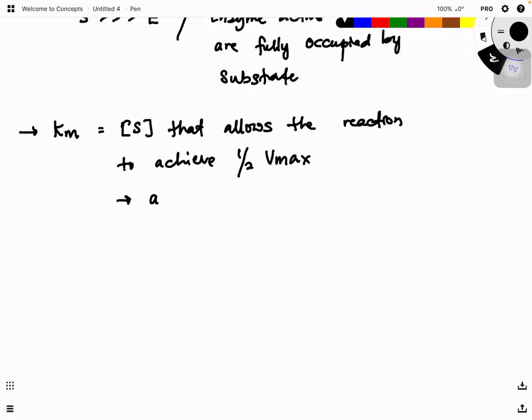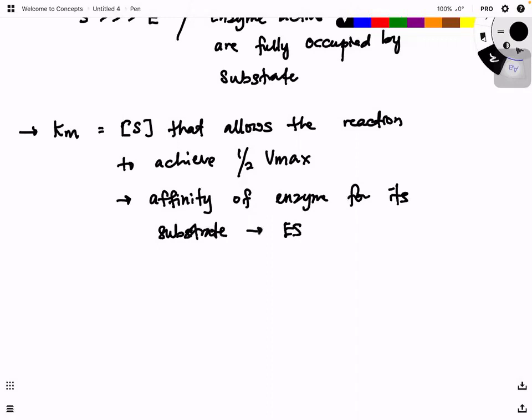It indicates the affinity of the enzyme for its substrate, that is, how much we want to form the ES complex. Correct or not? Okay. So how do we interpret the value? When the Km value is high, it means affinity is low. Are you clear? And vice versa, when Km value is low, it means affinity is high.